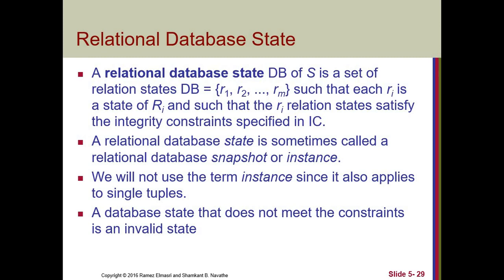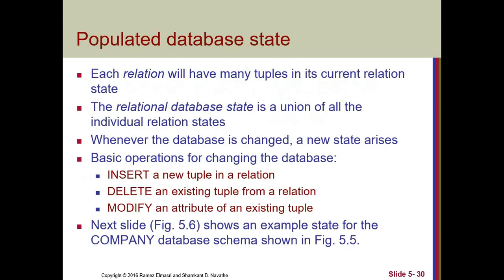The relational database state simply means how the database looks now in its current state. This state can change every time you make a change to your database.